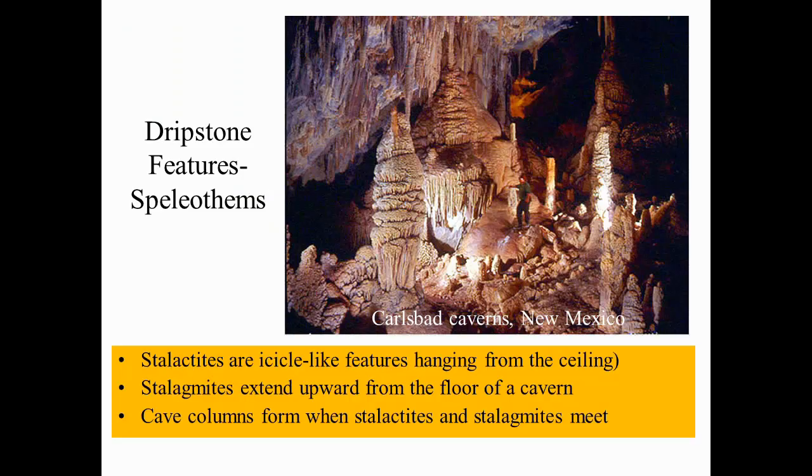As a result, we end up with these dripstone features, collectively referred to as speleothems, which include stalactites, those icicle-like features hanging from the ceiling. Stalagmites extend upward from the floor of the cavern, and cave columns in turn form when the stalactites and the stalagmites meet.